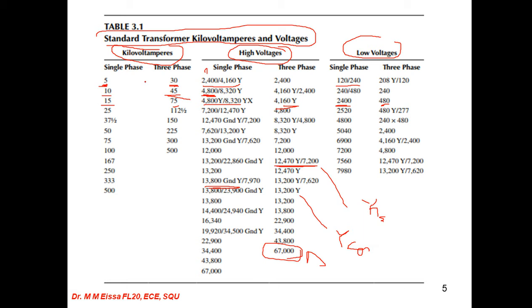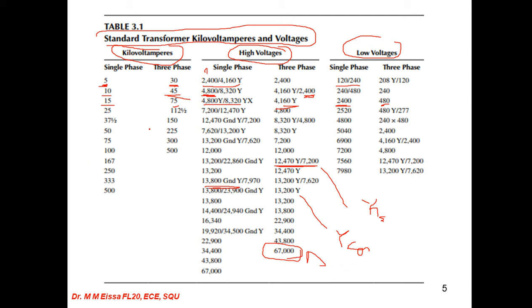So here for single phase 10, we have 3-phase 45. We have these designations. It means 4.8 for delta, 8.3 for the star connections. Here we have this star connection, and it means this is earthing, Y earthing.